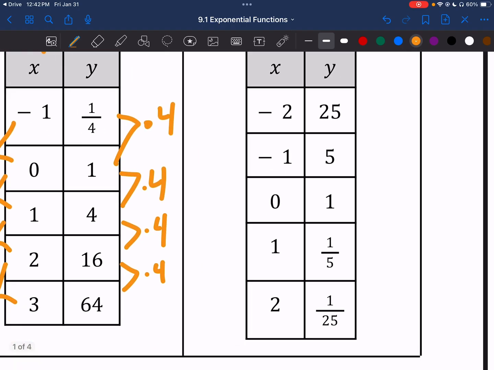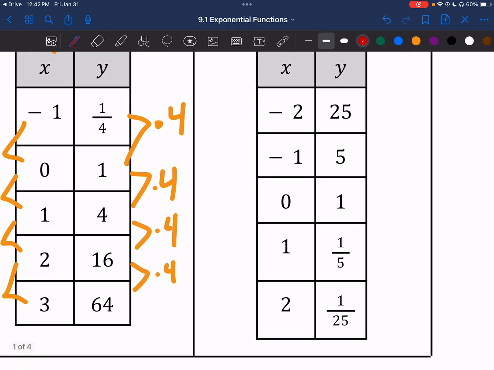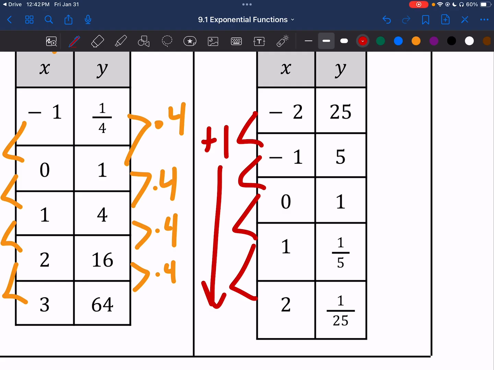And when we go to letter D, again, our X values, we are adding 1 each time. And what's happening is we're not multiplying. Well, we are multiplying. Do we know what we're multiplying by to go from 25 to 5? You might not see it right away, but what you should see is that that's dividing by 5.